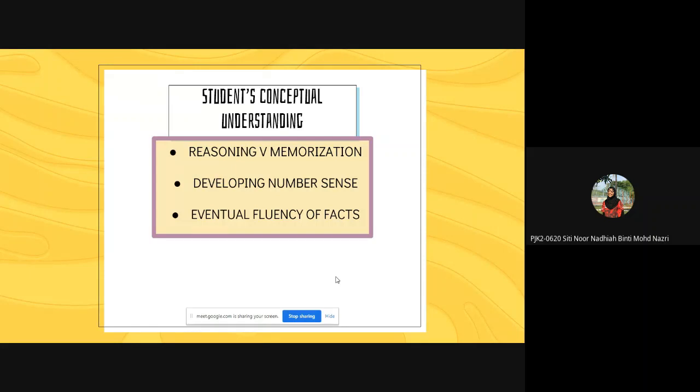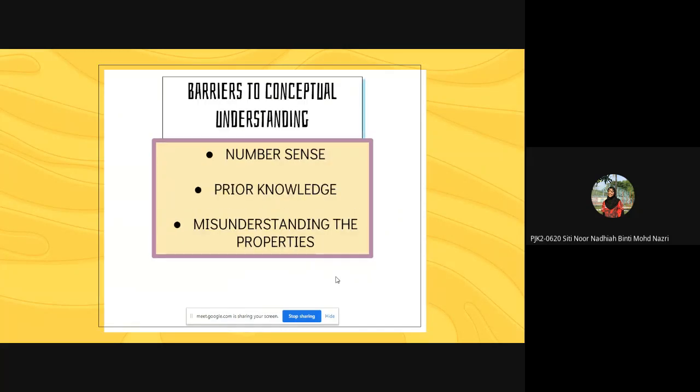And last is eventually fluency of facts. One of the key foundational learning challenges in elementary mathematics is developing fluency of the basic 0 until 12 multiplication facts. Next is barriers, I think Aida will present this.